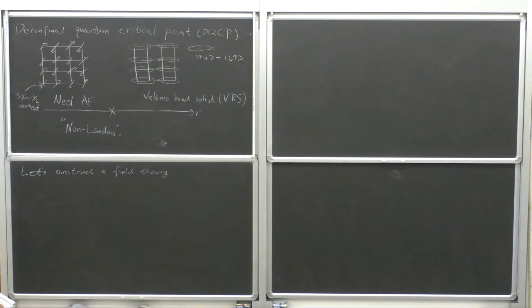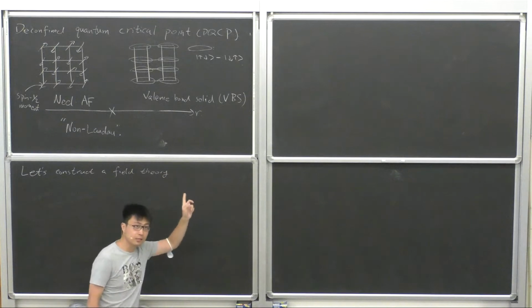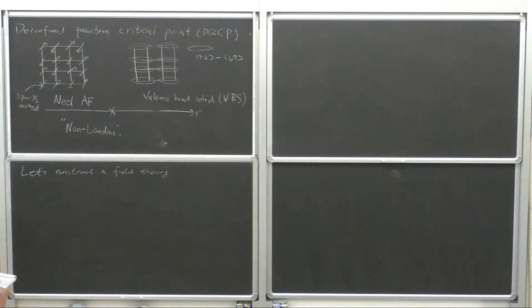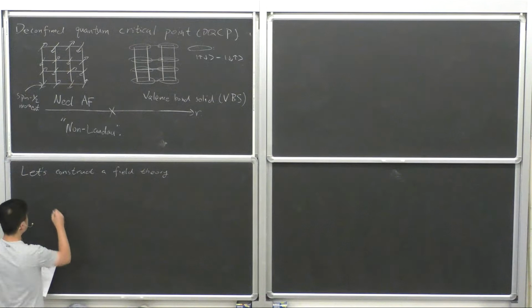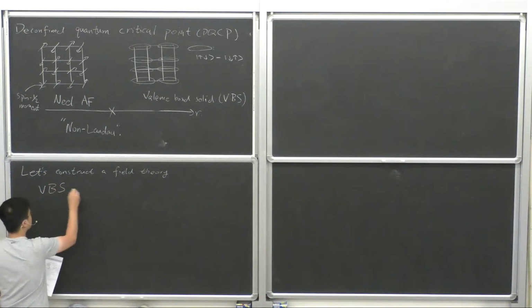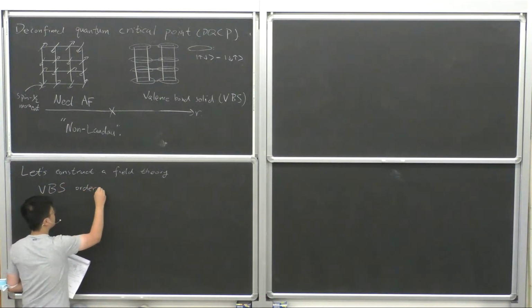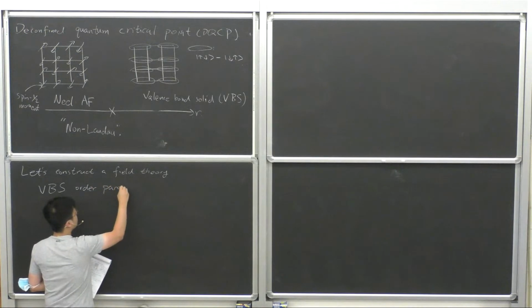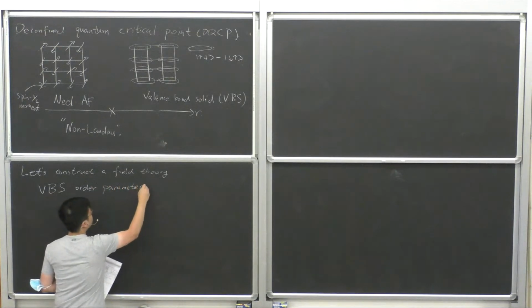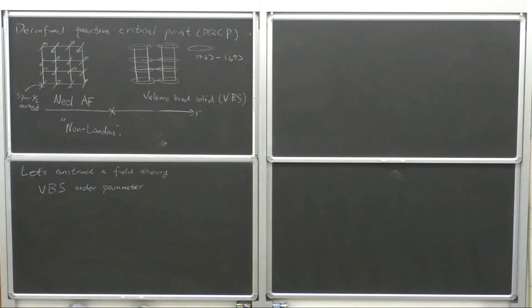In particular, it turns out to be quite convenient to start from the valence bond solid phase, and think about the order parameter there. So let's think about the VBS order parameter. As I said, it breaks the lattice 90-degree or C4 rotation symmetry. So naturally, it's an order parameter that transforms non-trivially under Z4.